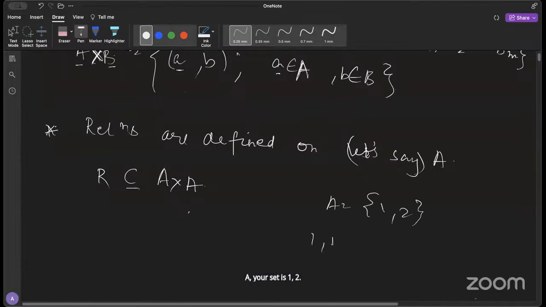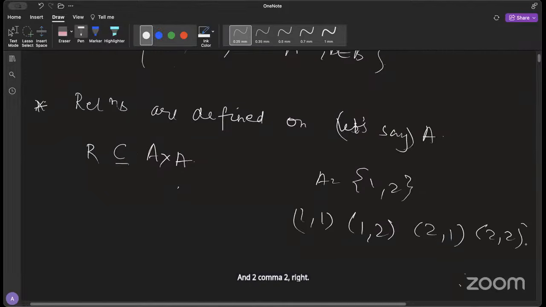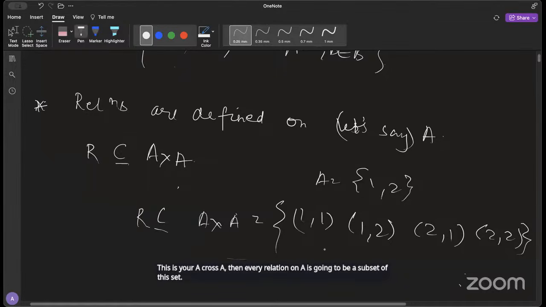Then A cross A is (1,1), (1,2), (2,1), and (2,2). That's it. So this is your A cross A. Then every relation on A is going to be a subset of this entire set A cross A.